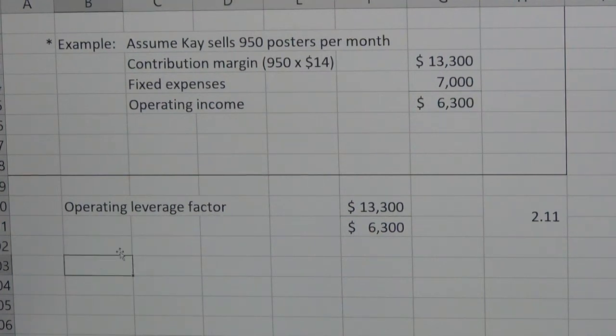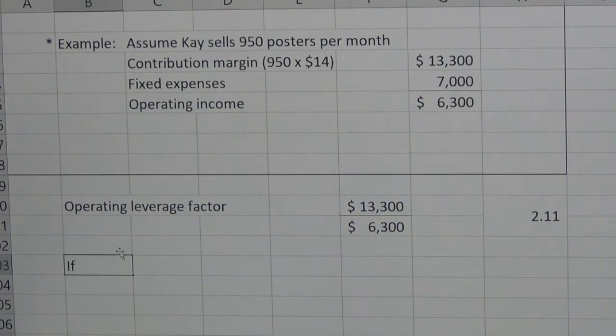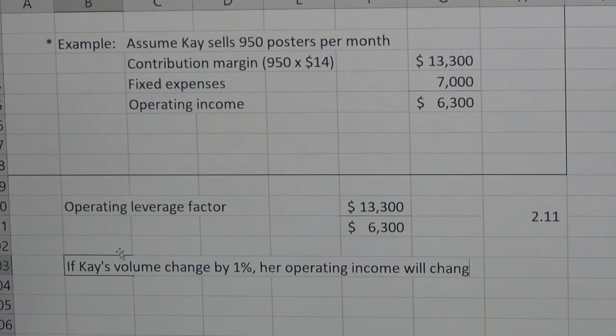So the way we can interpret this is that if K's volume changes by 1%, her operating income will change by 2.11%.